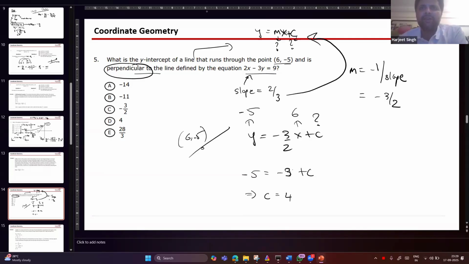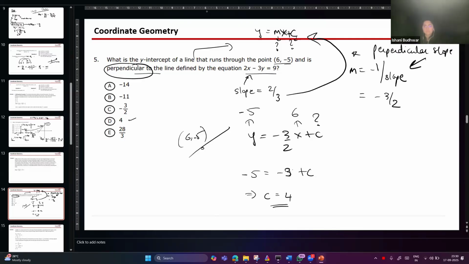So what is c? 4, right? So that's the answer. So this concept, perpendicular, means that the slope should be inverted and minus of that. So that's the concept, perpendicular.